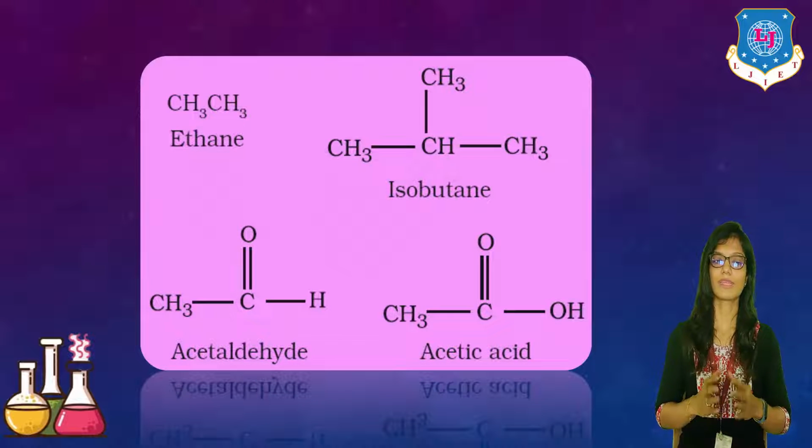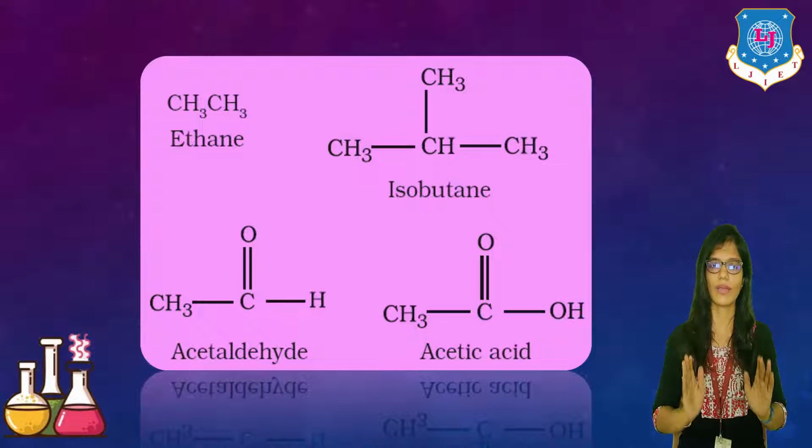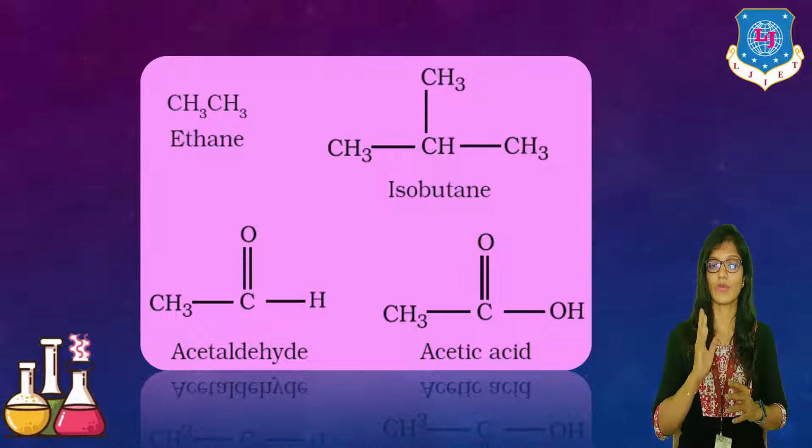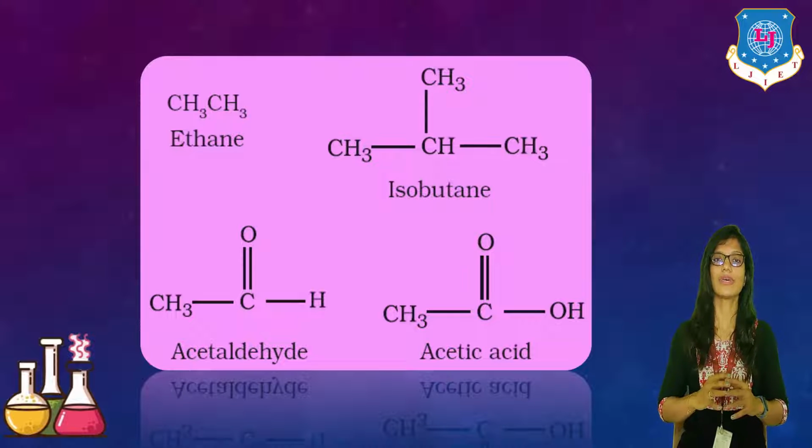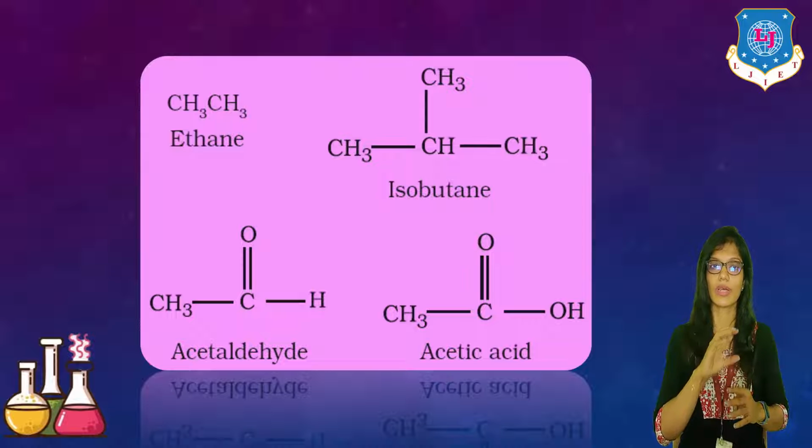As you can see in the image, ethane is an acyclic compound, a chain compound. It contains a chain structure. Isobutane, as you can see in the image, has 3 carbons in a straight chain, and 1 carbon is attached to the central carbon atom. In this manner we get isobutane.